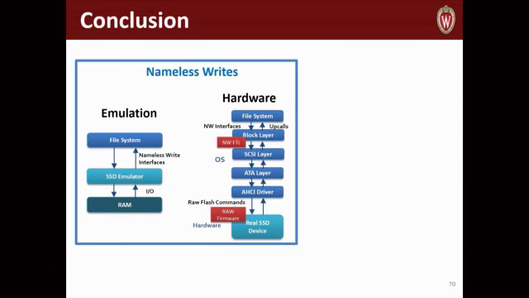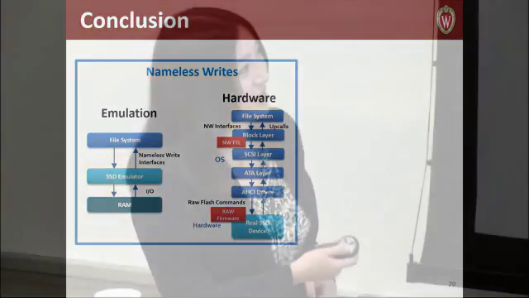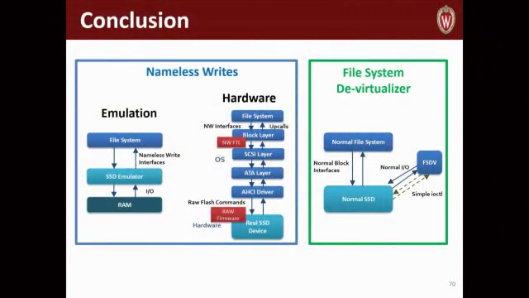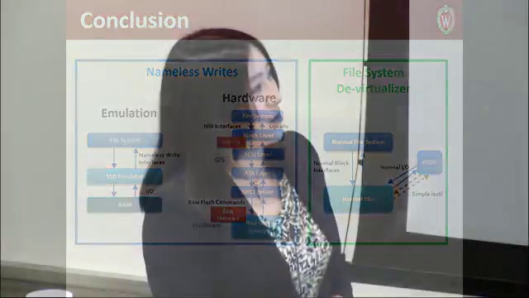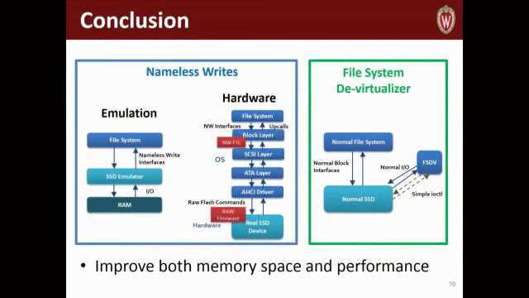To solve this problem, I first proposed an interface called Nameless Writes and built an emulation and a hardware prototype for Nameless Writes. And now I'm working on this file system de-virtualization tool, which is a lightweight tool that doesn't have the complexity and fixes more dynamic situations. And it improves both space and performance.